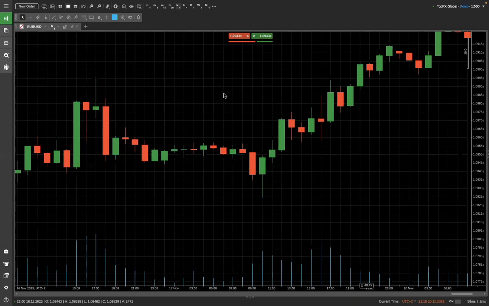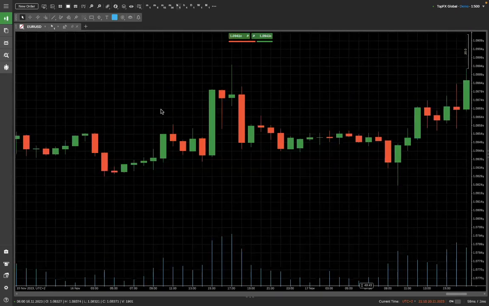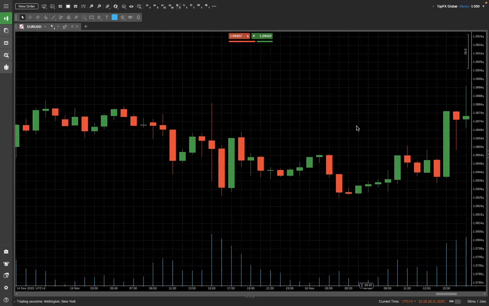Let me just move this pattern for you guys to see. If you see this on the chart, what should you expect? You should expect the market to go lower, and the long upper shadow means that supply entered the market.